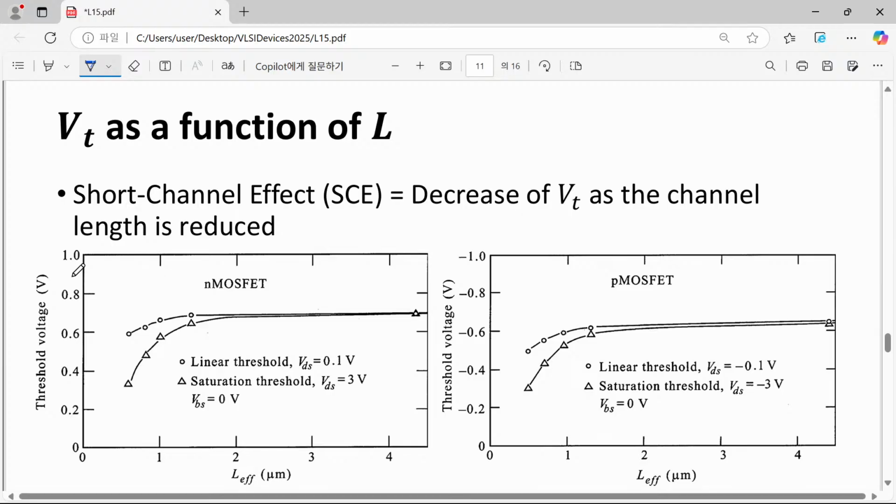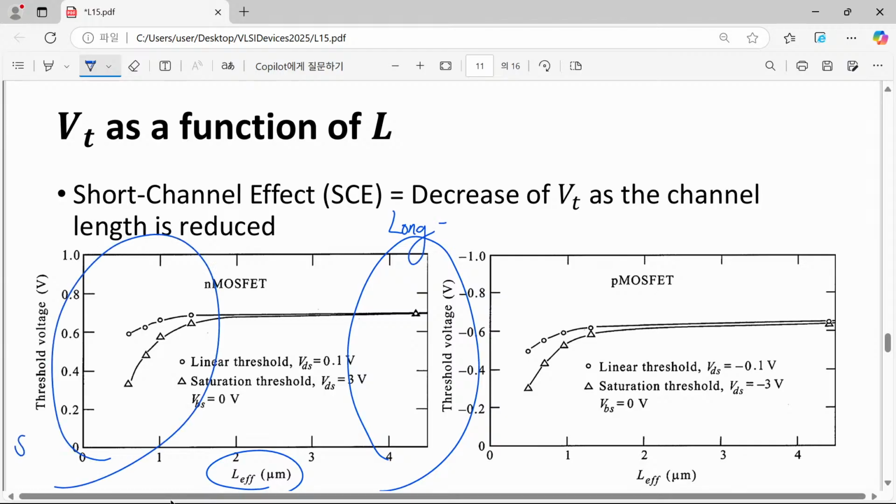So maybe you will see this graph or similar graphs quite many times if you are working in this semiconductor field, especially as a device engineer. The x-axis is channel length. When you reduce channel length, this value is corresponding to the long channel value, and of course this value is corresponding to our short channel devices. And what happens if we go to a short channel device?